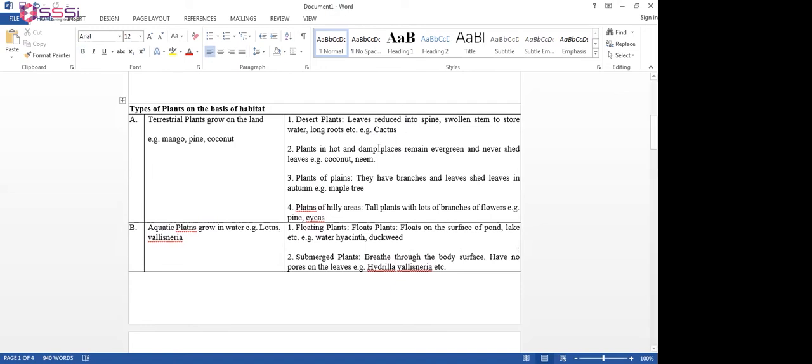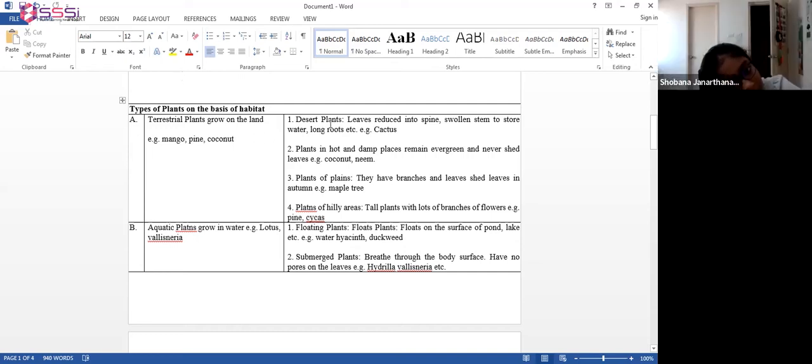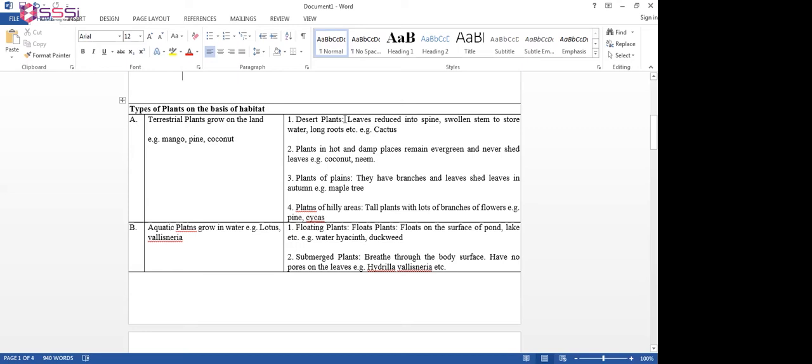First are terrestrial plants that grow on land, like mango, pine, and coconut. The first is the desert plants. The leaves are reduced into spines. They have swollen stem to store water and long roots, for example, cactus. These are the characteristics of desert plants.